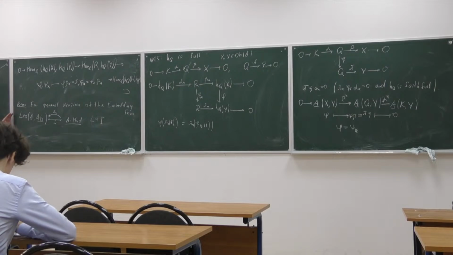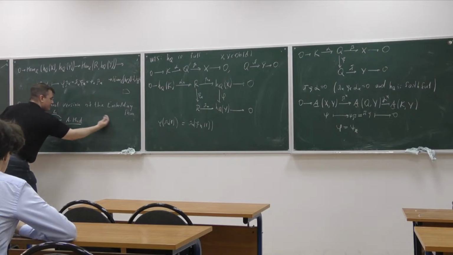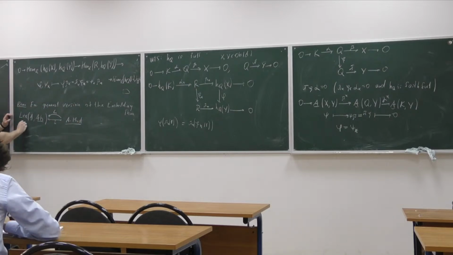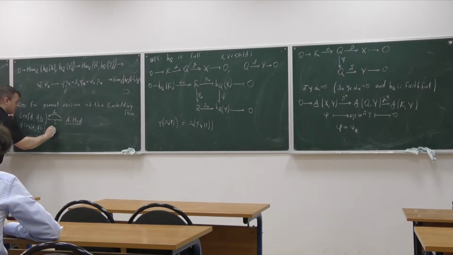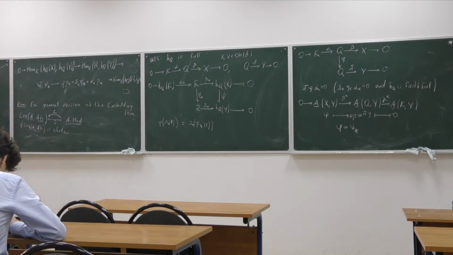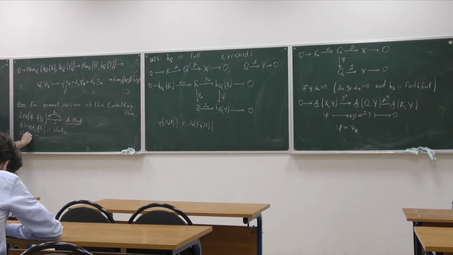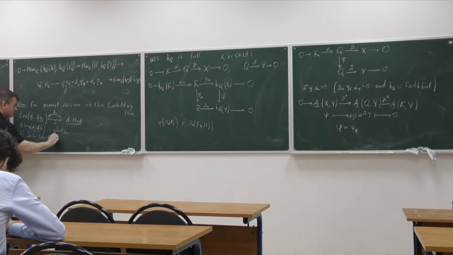And then you prove several properties. Maybe I formulate this as one of the properties. So first, Lex(A, AB) is abelian, which is already a non-trivial property. If you try to do this directly without any techniques, it's not so easy to show. Two, there is L, which is a functor like this, such that L is left adjoint to the embedding functor.